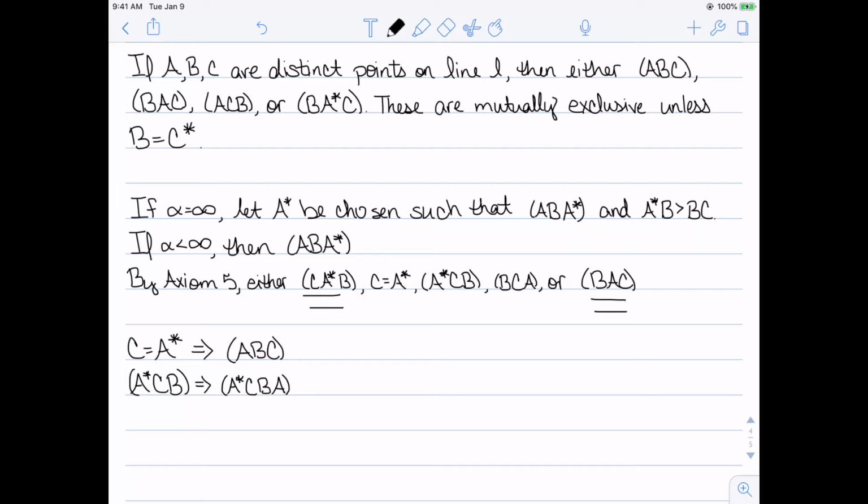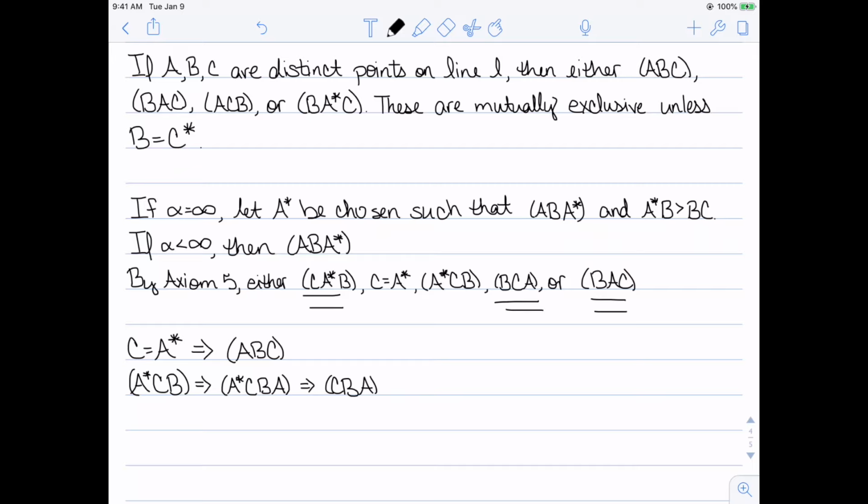But that also tells us that we have CBA or ABC as we want. And then finally, this one is also already included, although backwards, ACB. So therefore, every one of our possible cases do line up with these four cases.